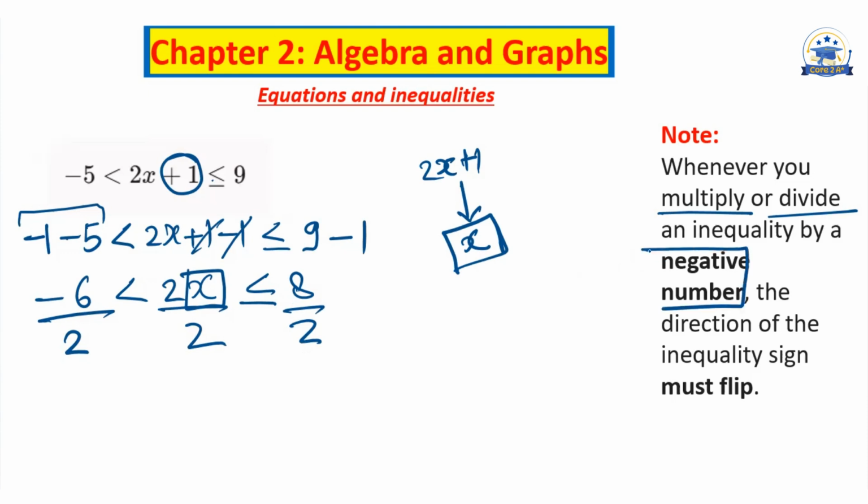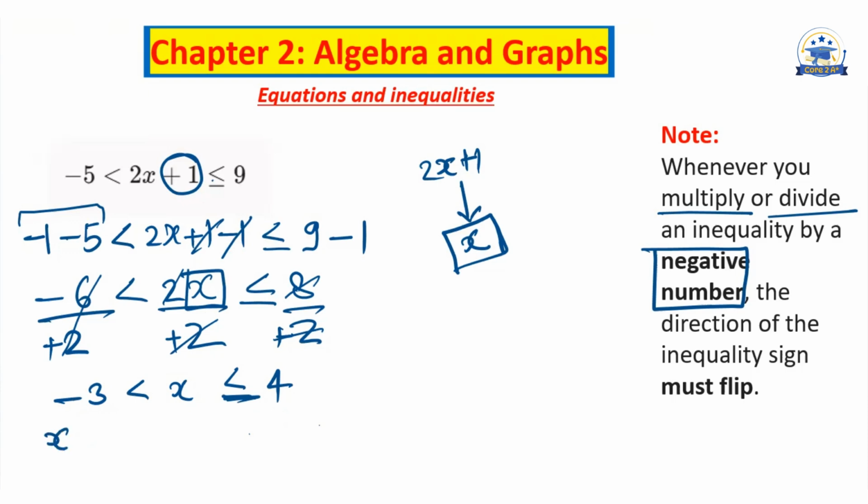Because we are not multiplying by a negative number. We are multiplying by positive 2, okay, not negative 2. Let's simplify this. It is negative 3 less than x and then less than or equal 4. Am I right?